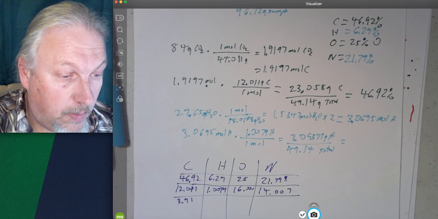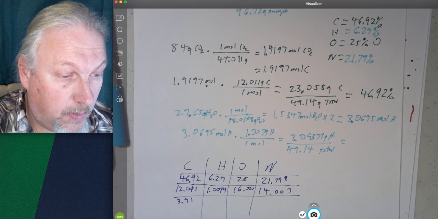So I can't have 2.5. Sorry. So now if I multiply everything through by 2, that's going to give me 5 moles of carbon, 8 moles of hydrogen, 2 moles of oxygen, 2 moles of nitrogen.